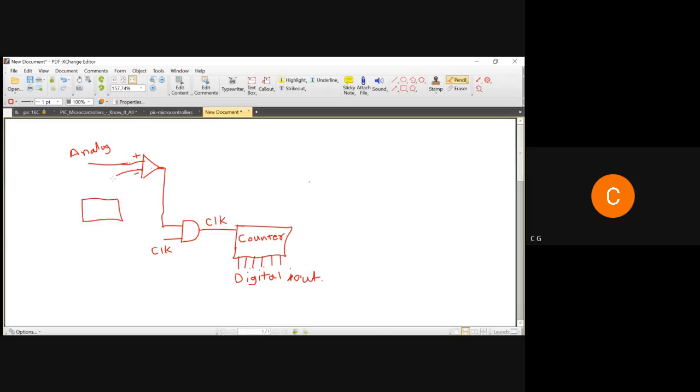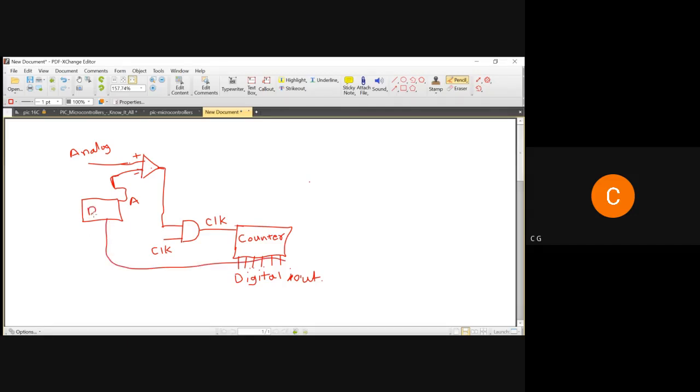This D2A converter's analog output is also fed to the op-amp.